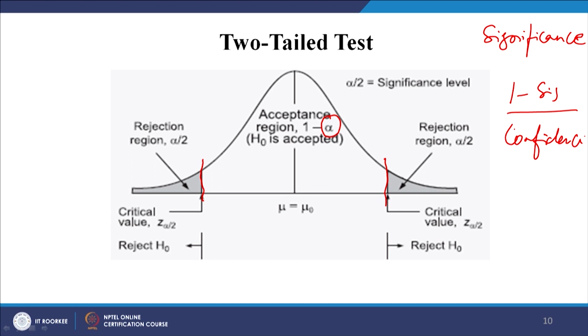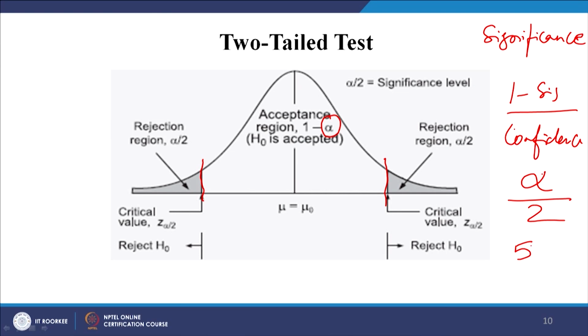Okay. Now, look at these rejection zones. Since this is a two-tailed test, my alpha has been split into two parts, because there can be rejection on both sides of the distribution. Suppose my significance or alpha is only 5%, there we would take two sides of the distribution and divide it by 2.